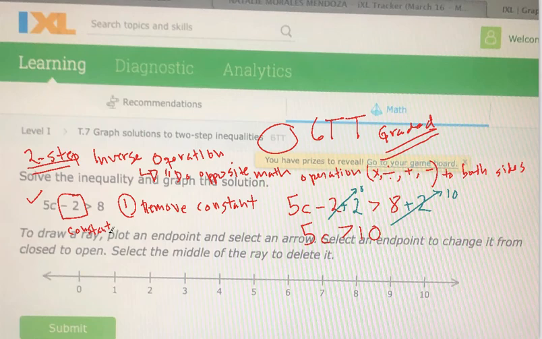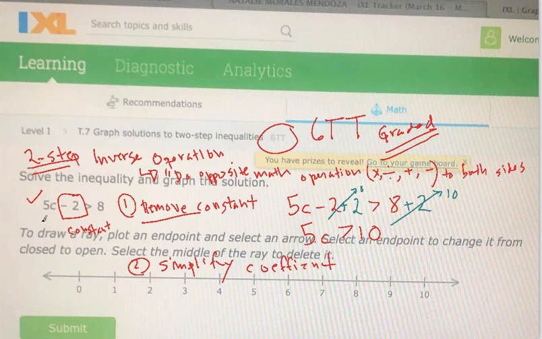So we did the first step, which is to remove the constant, and we got things down to 5c greater than 10. Our second step is to do the inverse operation on the coefficient. So let's call it simplify the coefficient. I didn't spell coefficient right, but you get the idea.